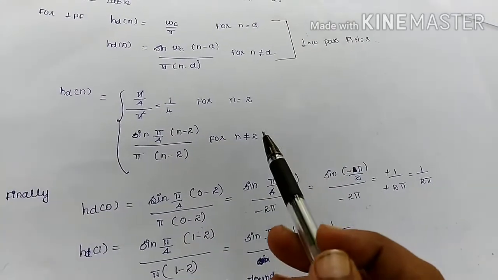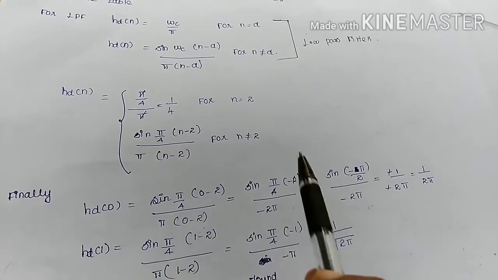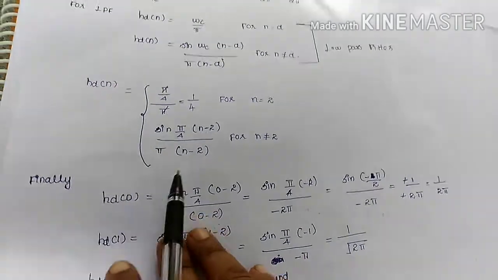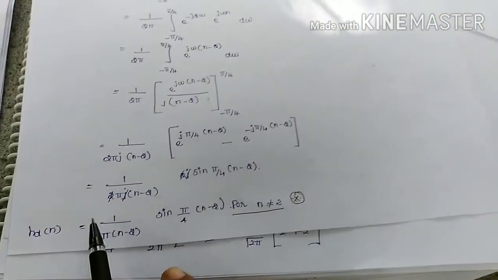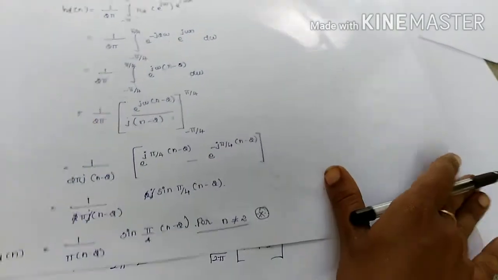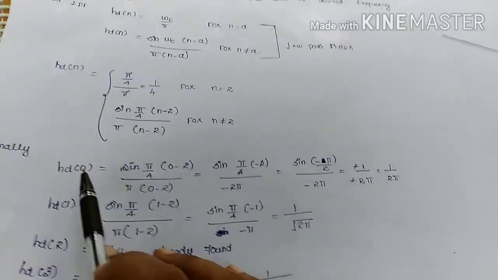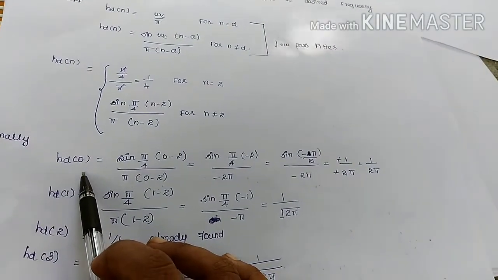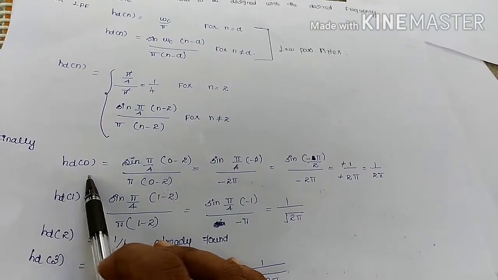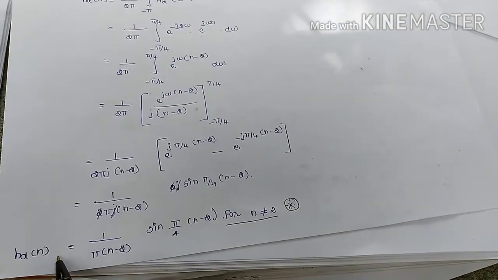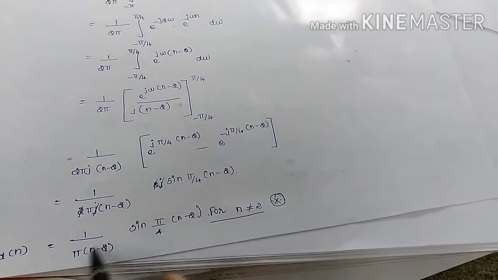Otherwise, for calculating hd of 0, 1, 3, 4, I choose the hd of n formula, this formula. Okay. So first I calculate hd of 0. I substitute n equal to 0 in this formula.